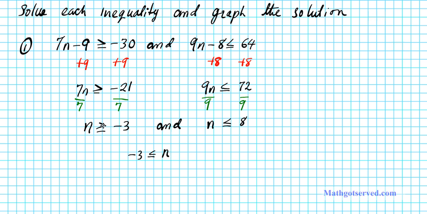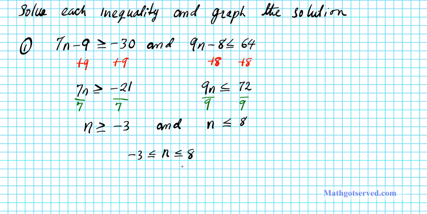Remember, this inequality is always pointing to the smaller of the two. So this inequality is pointing to negative 3, and when we switch it around, it's still pointing to negative 3. And then in this case, n is less than or equal to 8. The inequality is pointing to n, and then we have 8.